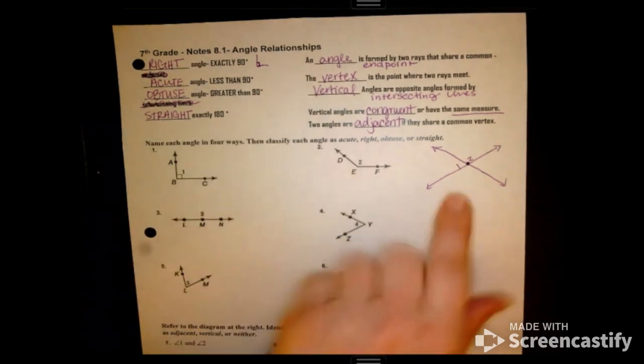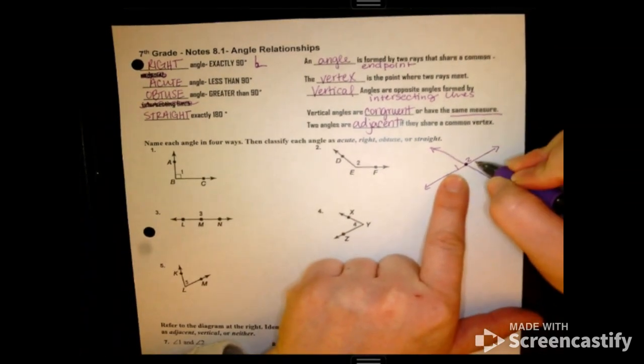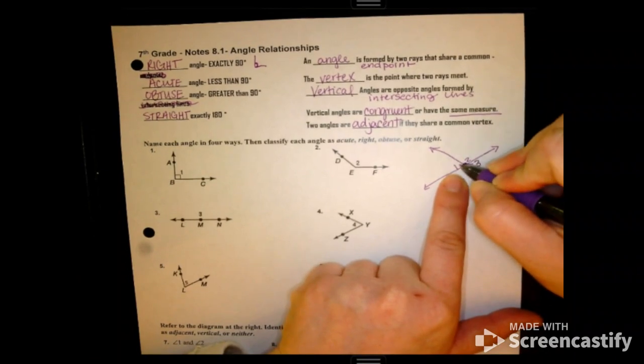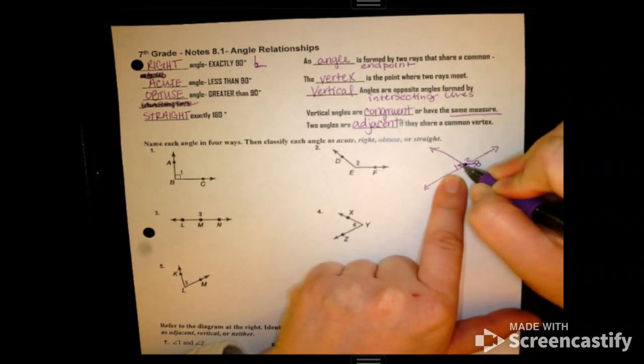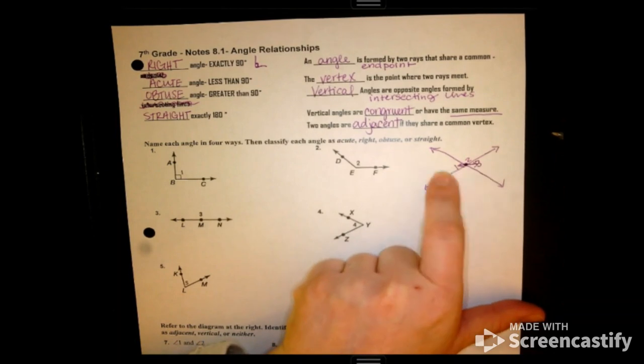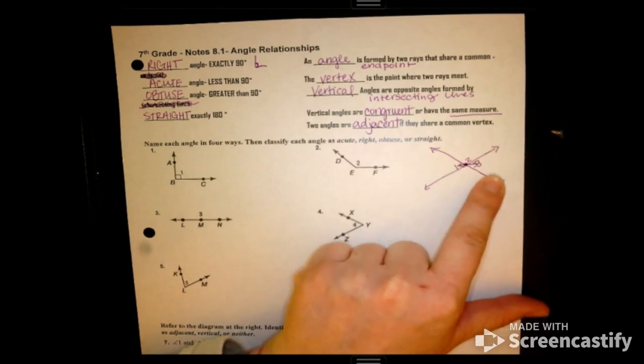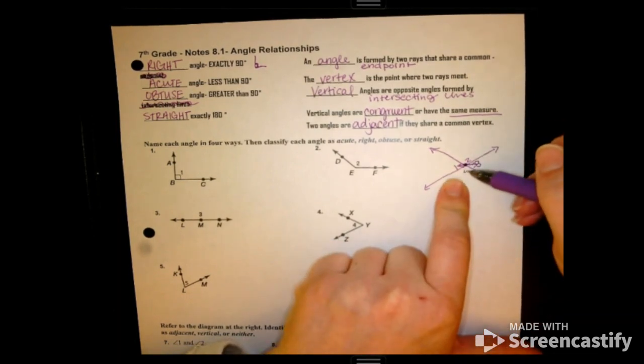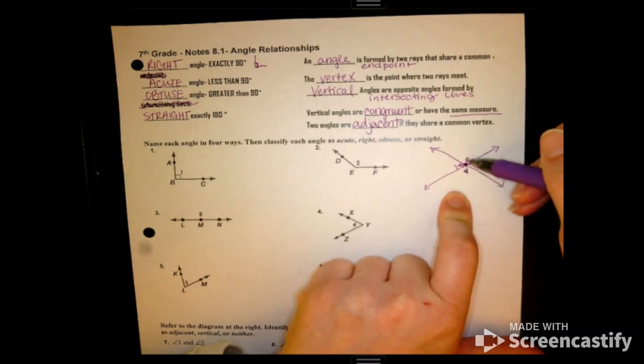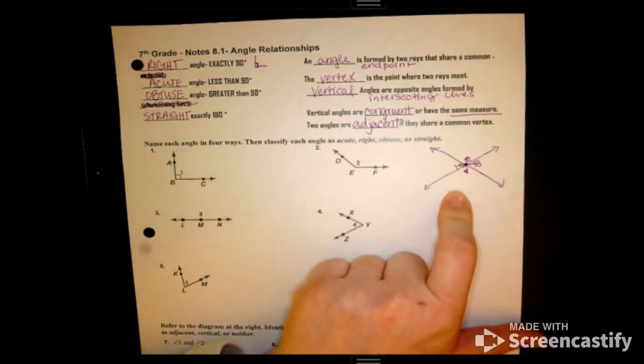And then a vertical angle would be these, because do you agree they are on opposite sides? So 2 and 4 would be vertical because they are opposite each other.